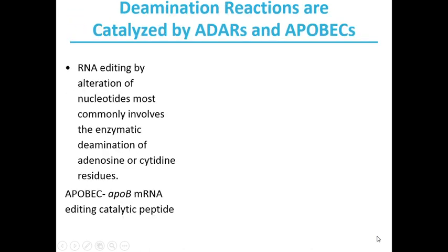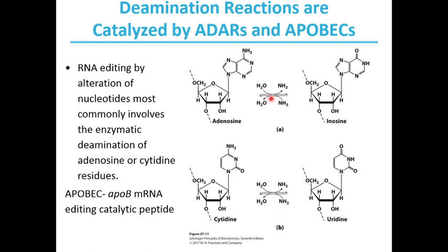RNA editing by alteration of nucleotides most commonly involves the enzymatic deamination of adenosine or cytidine residues, as shown here. Deamination of adenosine results in inosine, whereas deamination of cytidine results in uridine. The first step, adenosine to inosine, is catalyzed by the enzyme ADAR, or adenosine deaminases that act on RNA.